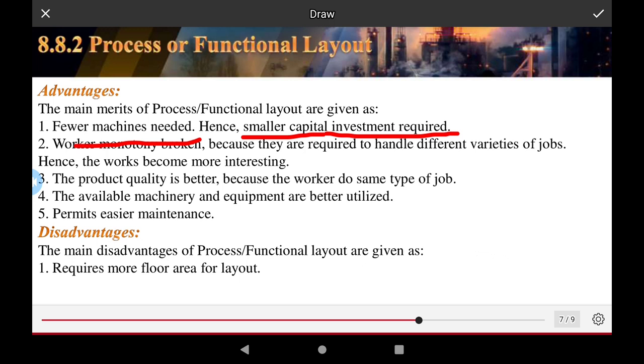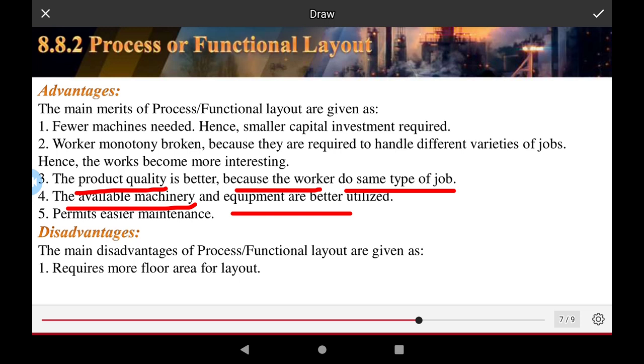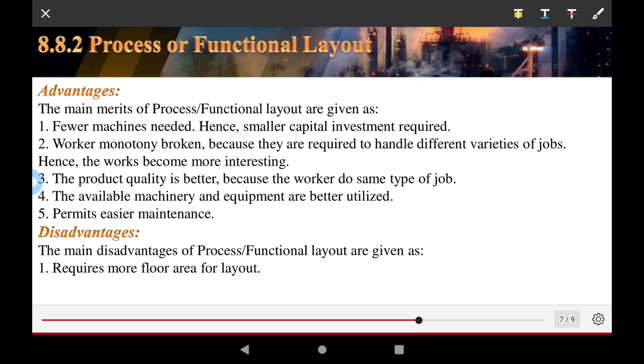The workers become more interested in the work. The product quality is better because the workers do the same type of job. The machinery and equipment are better utilized, and it permits easier maintenance of the machines.